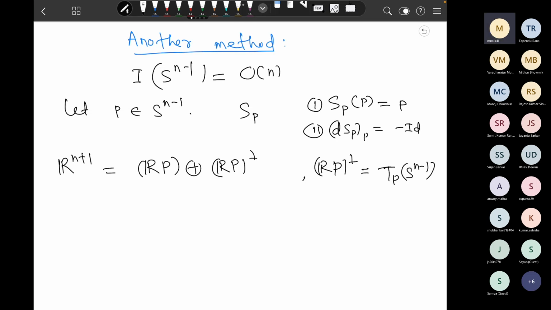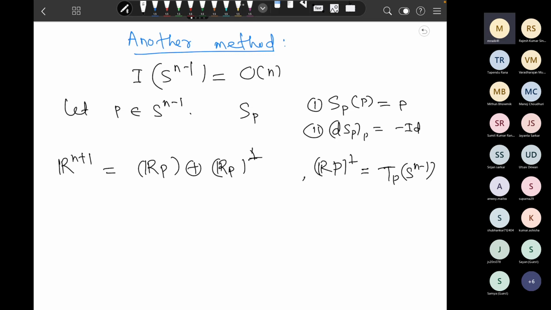Now I have to specify this SP. What is RP? RP is the span of P, R times P. This is the vector space spanned by P, and RP perp is TP Sn minus 1.